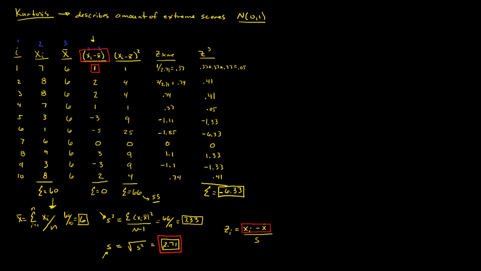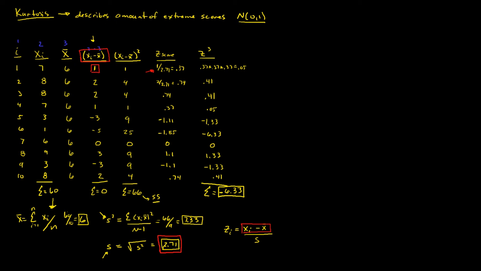All these 10 values we substitute in to get a z-score for each one, and we divide by the standard deviation. We took 1 as our numerator, divided by S, which was 2.71, to get 0.37. And then I showed you an example of 2 divided by 2.71, which is 0.74.